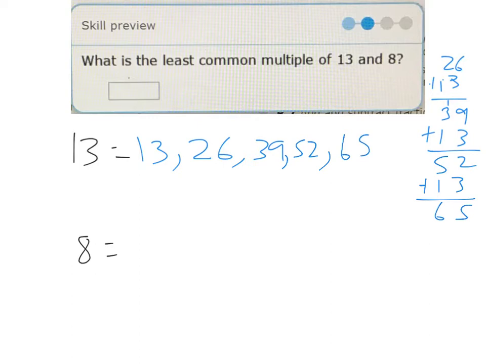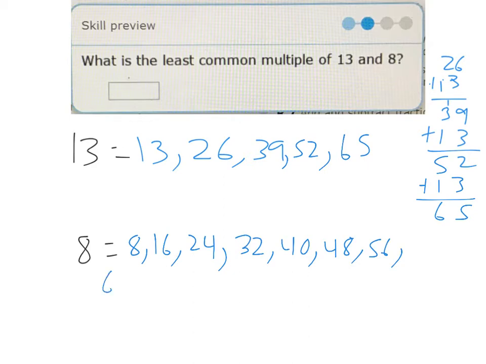Keep in mind, if you're not sure, I would look at my multiplication chart. I'm familiar with the multiples of 8. In fact, let's do that for a minute. 8, 16, 24. Remember, you can find these on your multiplication chart. 32, 40, 48, 56, 64, 72, 80, 88.